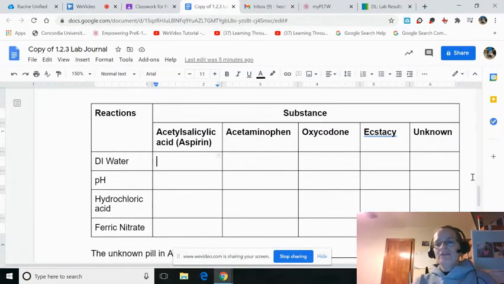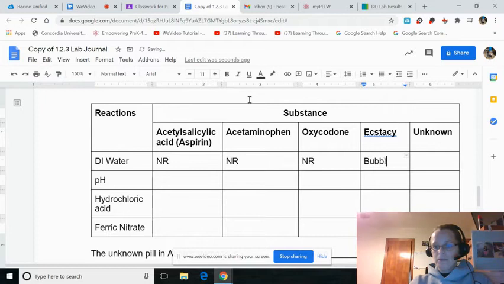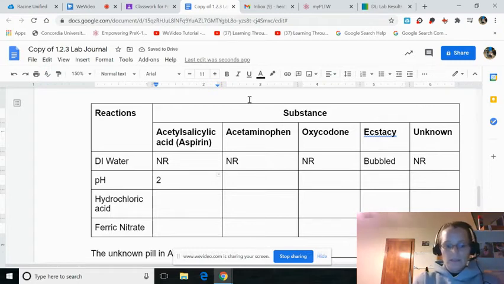And I'm going to fill in our chart based on the reactions. Now, where it said no reaction, I'm going to abbreviate NR. NR, NR, NR, and then it bubbled, and then NR. pH, they compared it. It was 2, 5, 8, 4, and 2.